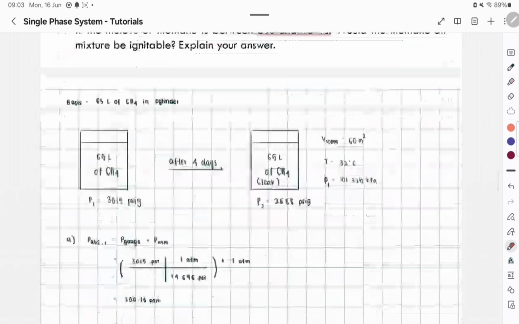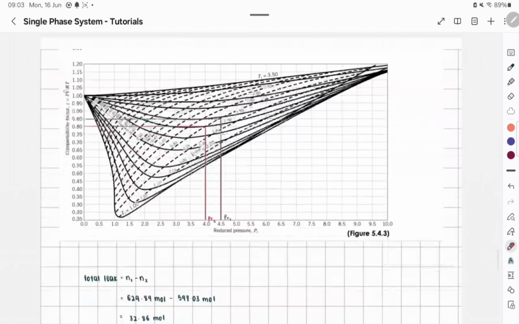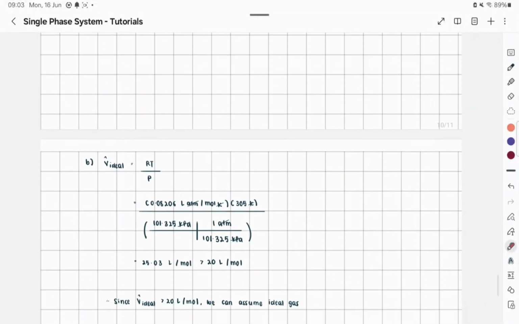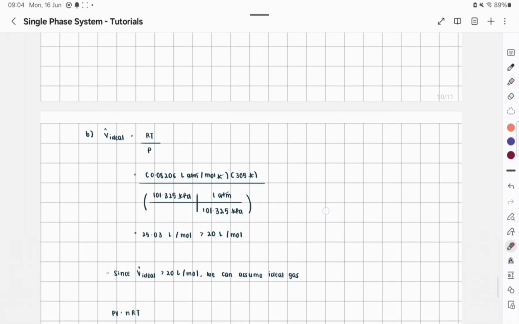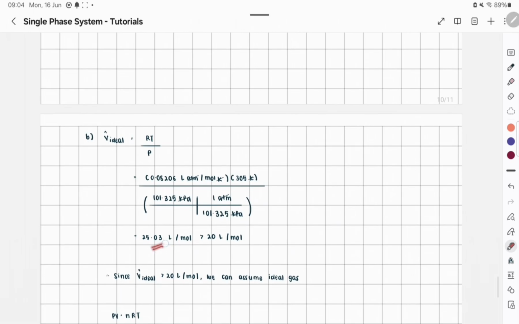Explain your answer. For this question, we need to first identify whether it is an ideal gas or a real gas. In order to identify, we can use the V ideal formula, which is V ideal equal to RT over P. Then we can sub in all the known information, and we got the V ideal is 25.03 liter per mole.